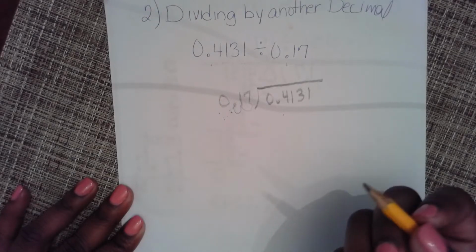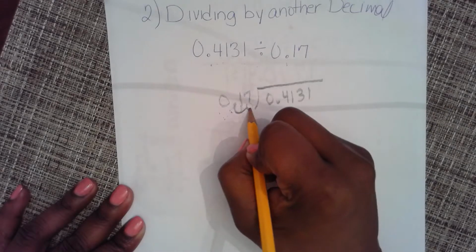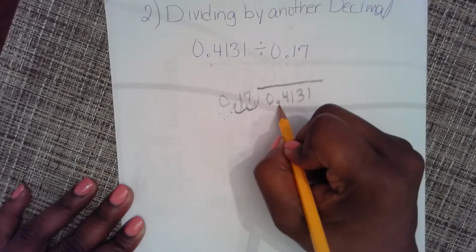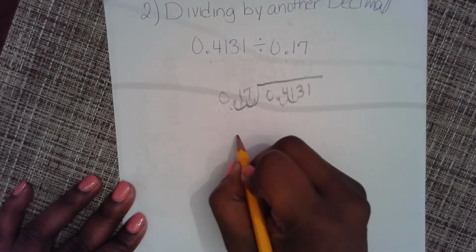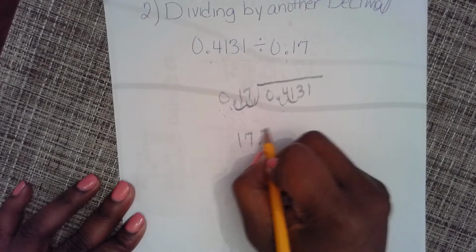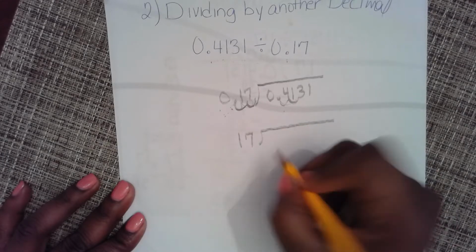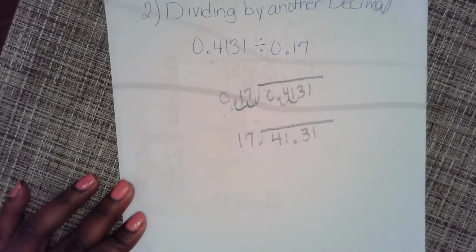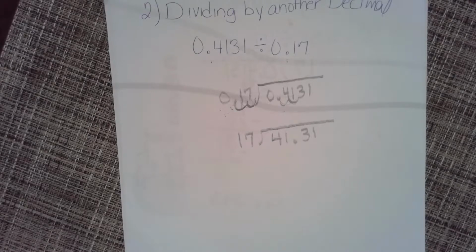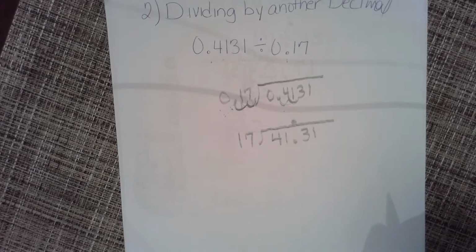But if you do this the right way on both sides, you won't have to always multiply by the powers of 10. So moving to make a whole number of 17 means that I have to rewrite my problem. And when I rewrite my problem, it's going to become 17 divided by, decimal stops behind the 1 and before the 3, 41.31 hundredths. Now you're still going to place the decimal straight up where you write the answer in the quotient area, but then it's time to divide like normal.